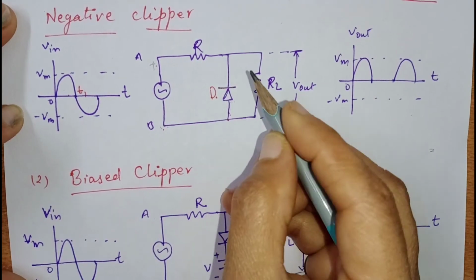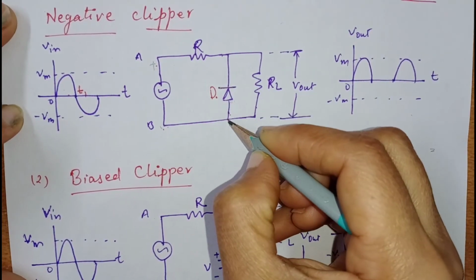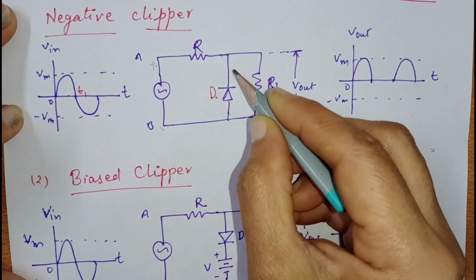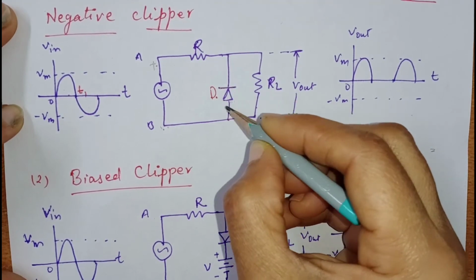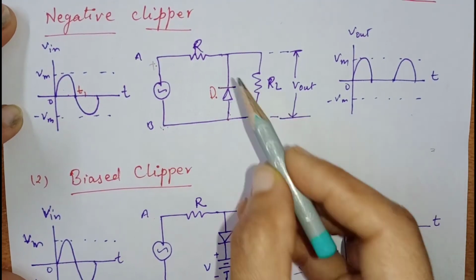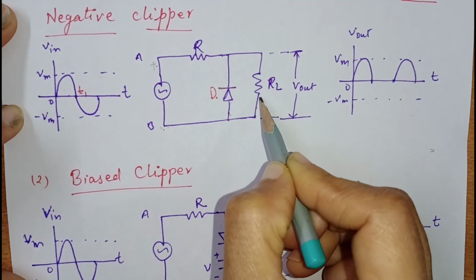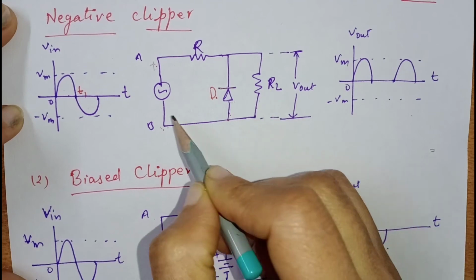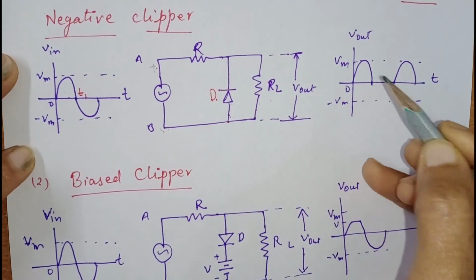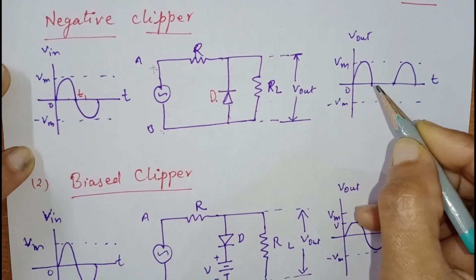In reverse biasing, the diode exhibits very high resistance, so the diode acts like an open switch. So the current will follow this path from R to RL in this direction, and we will get output in this case.